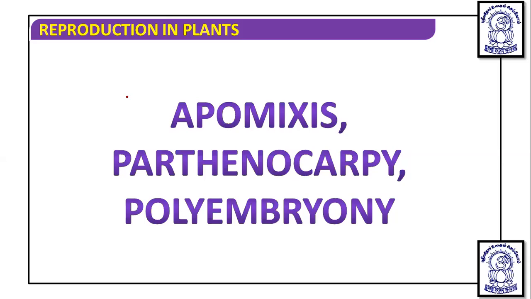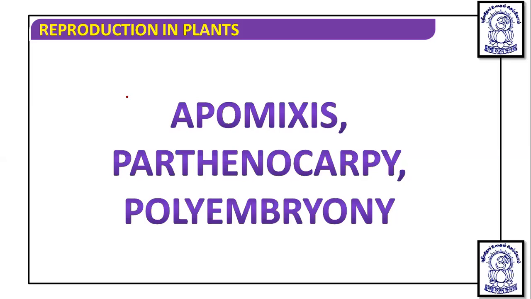Dear students, why is this a very interesting topic? Listen. Till now, whatever we have studied about sexual reproduction, we have talked about meiosis, which forms a male gamete and female gamete. Then we studied syngamy or fertilization. Then we studied the formation of the zygote, and the zygote formed an embryo. In such a way sexual reproduction has occurred.